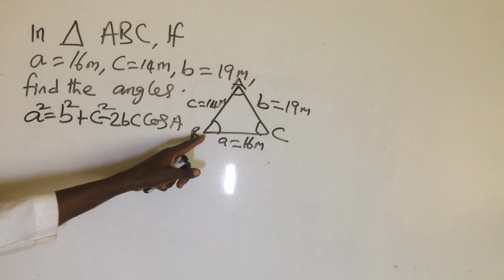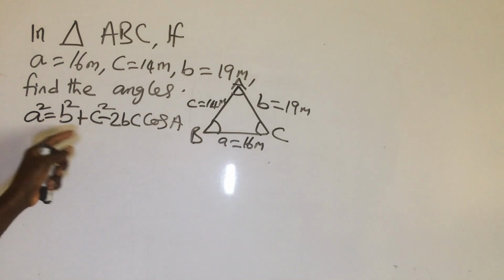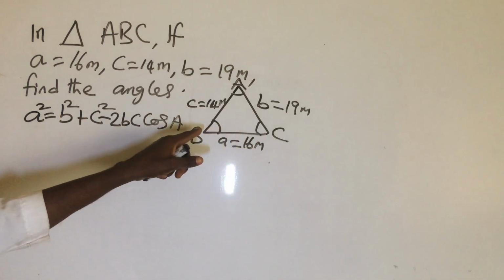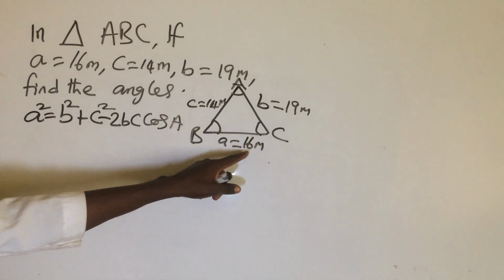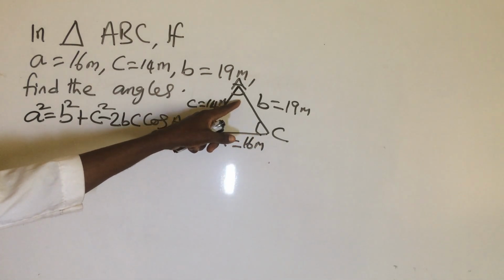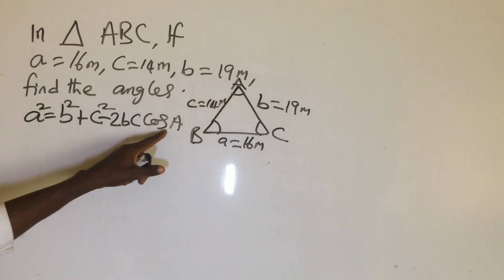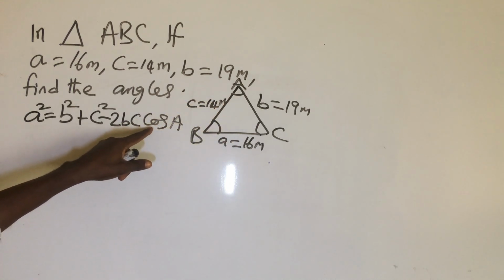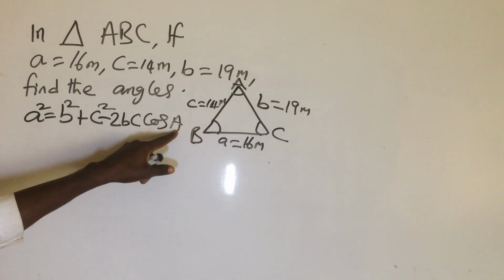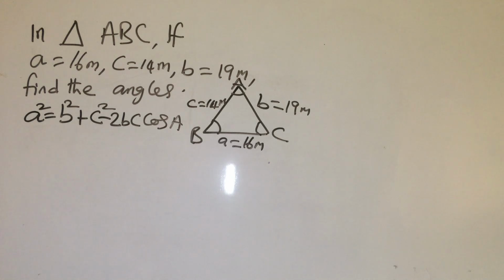Assume that I want to solve for this line. Okay, but since the side a has been given as 16 meters, it is angle A I am looking for. So let me make angle A the subject of the formula.